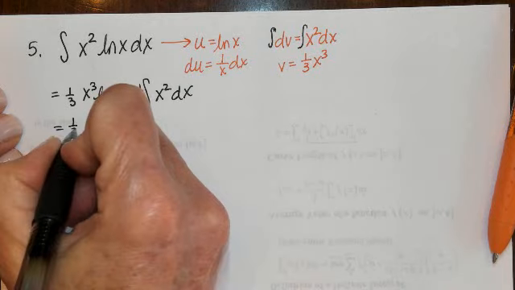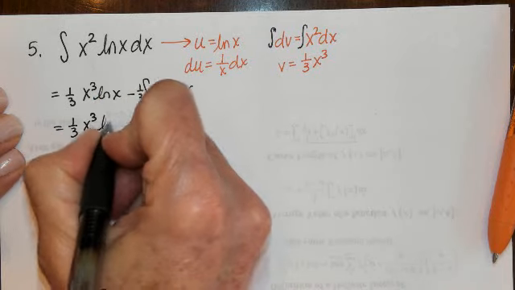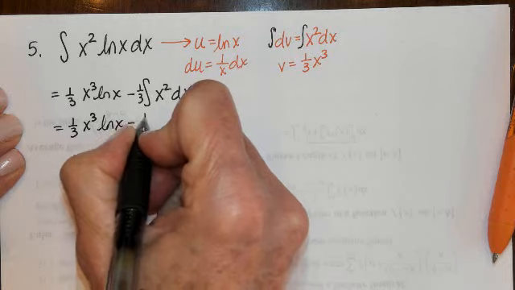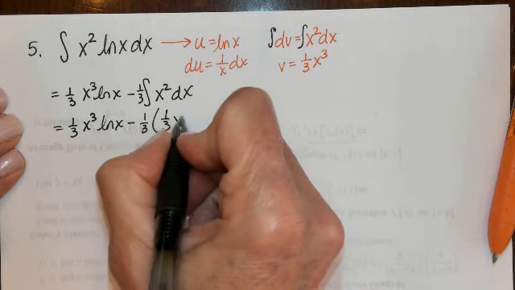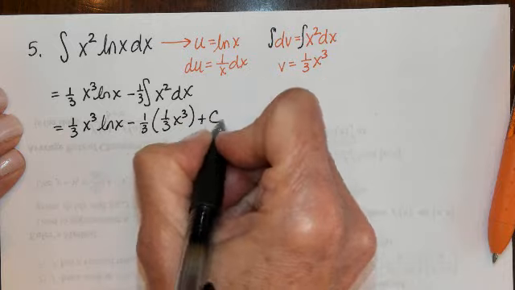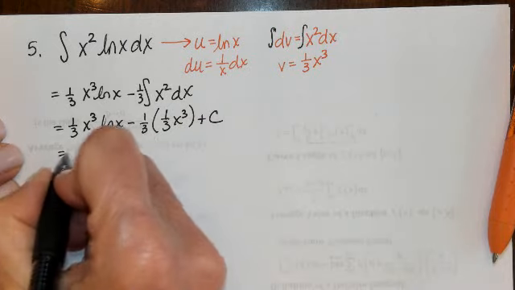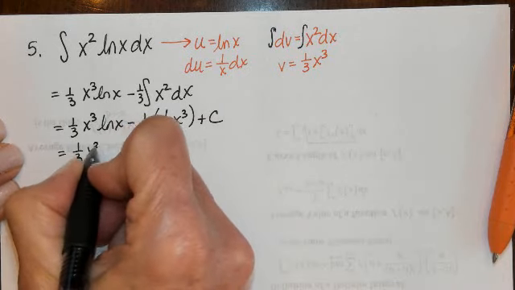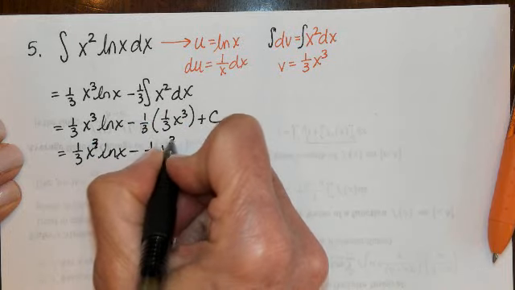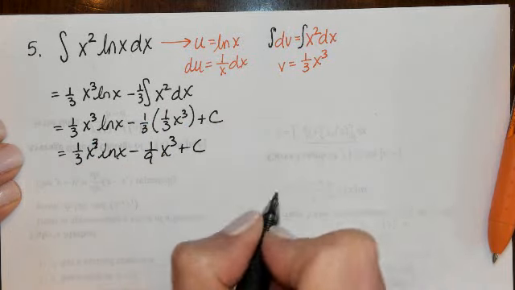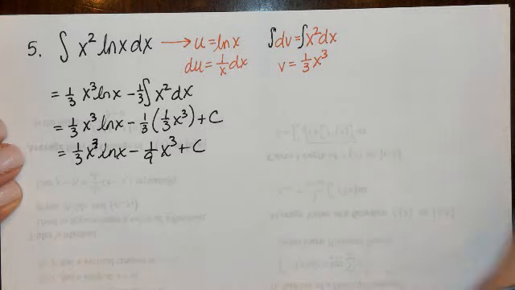So this is 1/3 x cubed ln x minus 1/3 times 1/3 x cubed plus c. So the multiple choice answer would look like this.